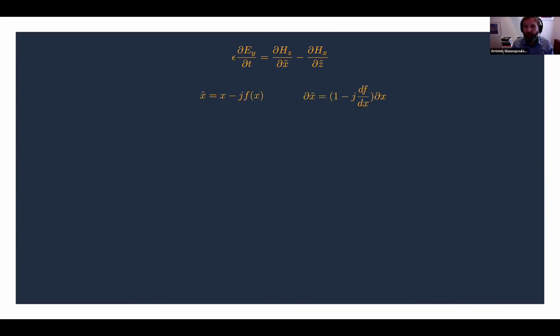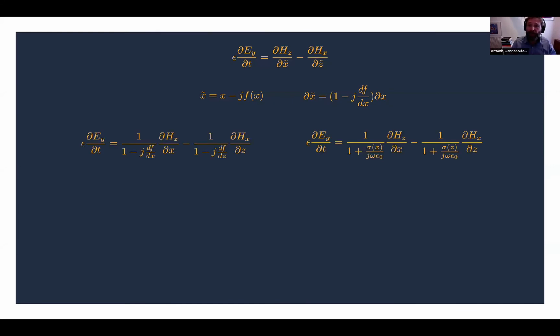The way we do that is, remember that our complex space had a real part and an imaginary part. So what we see here is that the complex partial differential will become 1 minus j times df over dx. Then if I replace that in my equations, I end up having real spatial derivatives scaled by a complex function.